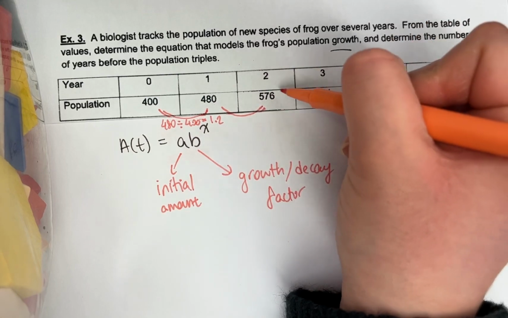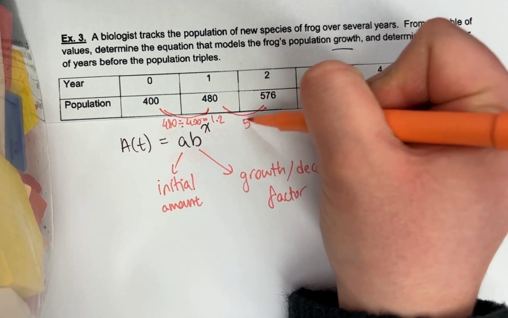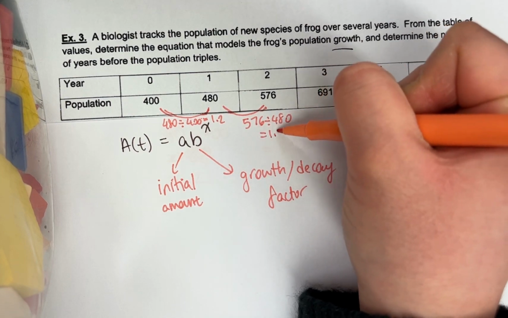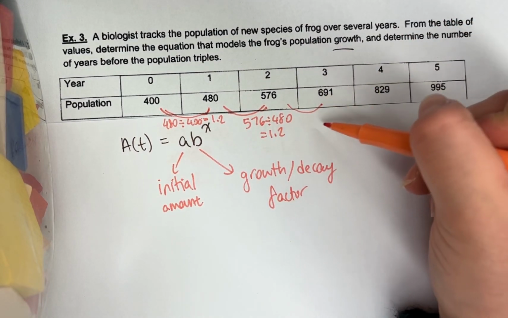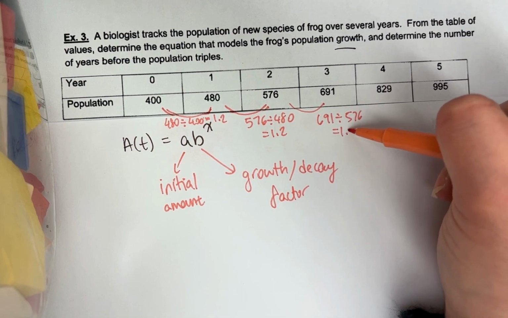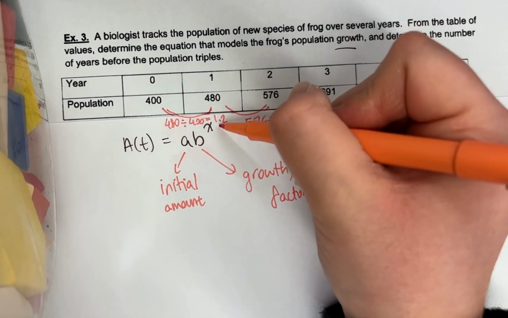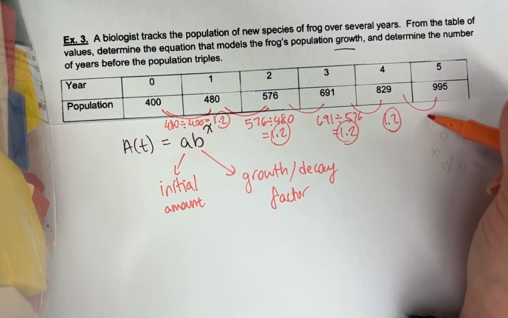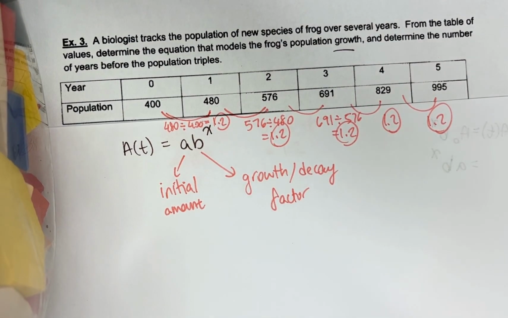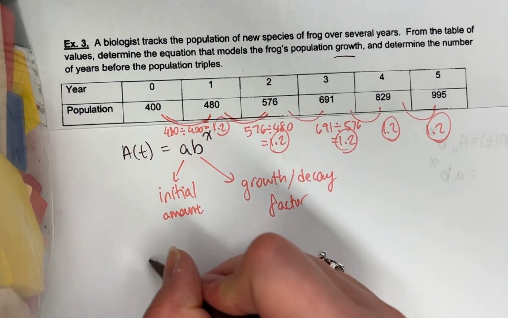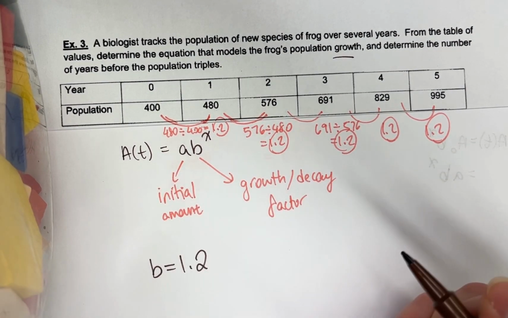Then, sorry, it's a bit tight here, 576 divided by 480 is 1.2. 691 divided by 576 is, surprise, surprise, 1.2. That pattern is going to continue, and each time we divide, we're going to get 1.2. So that is our growth factor. Our b value is 1.2.